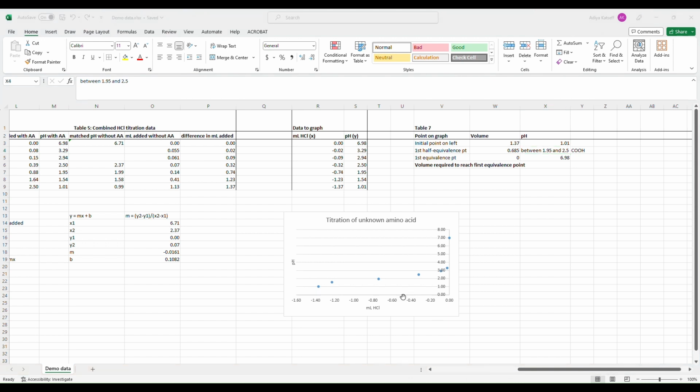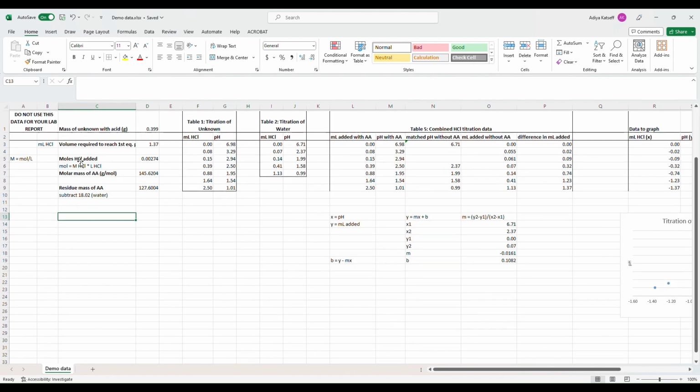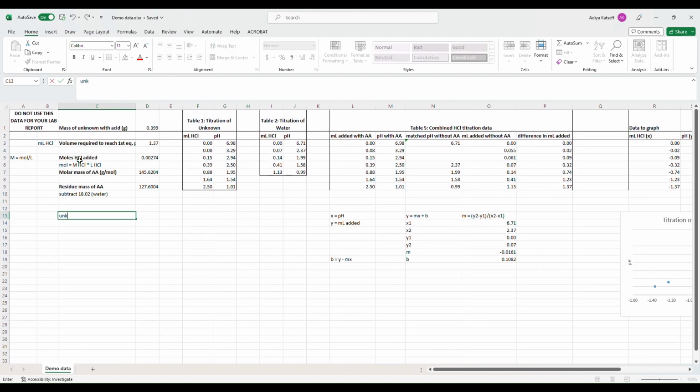So at this point, really, your option is just to go with the one that's closest. In this case, the one that's closer is glutamine at 128. It's closer than methionine at 131. So from here, you can pretty confidently say that your unknown amino acid is glutamine.